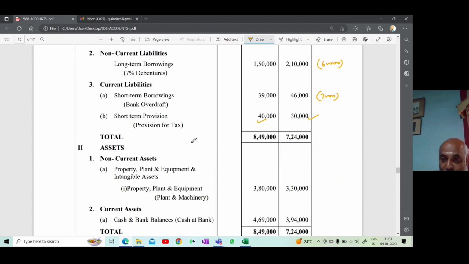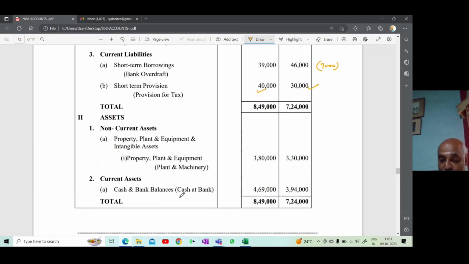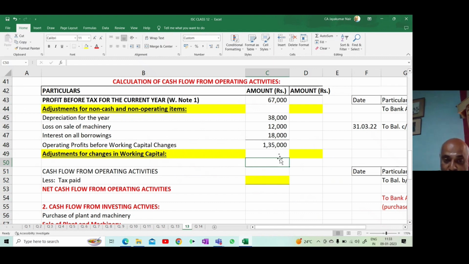Borrowings, you will take as financing activity. And current assets, cash and bank balance, will come in the reconciliation part. Therefore, there is no change in working capital. Therefore, the total is this plus this.